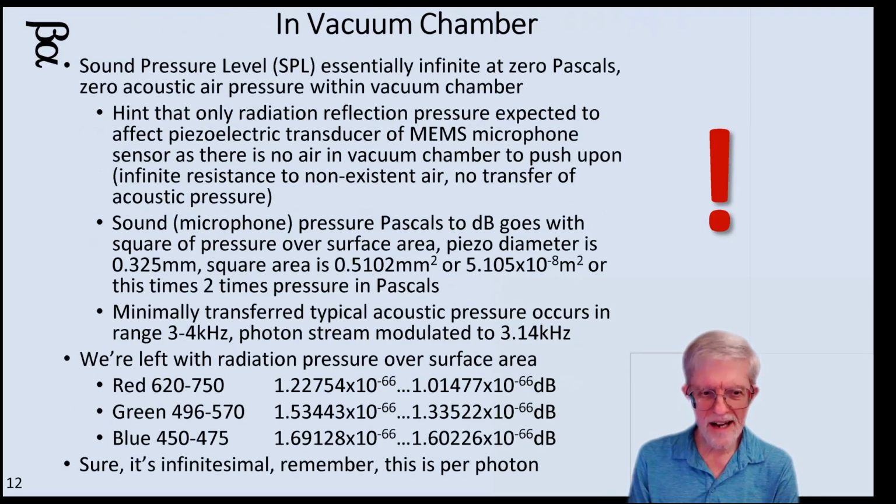So we're doing this in a vacuum chamber. We have to convert the pascals of force to decibels to be able to measure the electrical output of our piezoelectric material. And so we need to know how big the little piece of zinc oxide is. And it's very, very tiny. It's 0.325 millimeters in diameter.